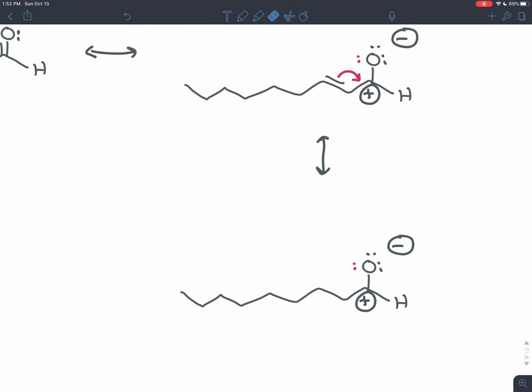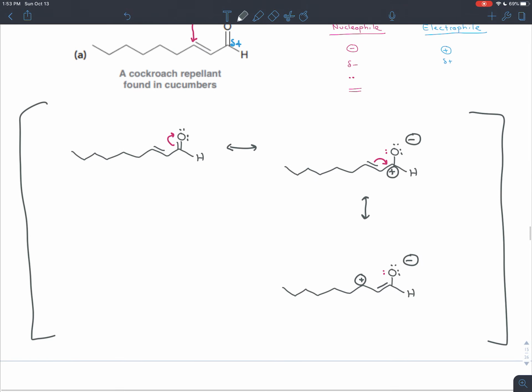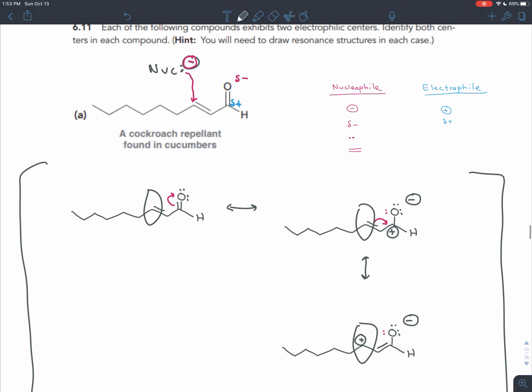That would be with these pi electrons going toward the positive charge, and now the positive charge has moved over to that atom. Now none of these molecules represents the true structure. The true structure is the average of them all. But do you see that when you take the first, the second, and the third, and you average them, you end up getting a slight positive charge on that carbon.